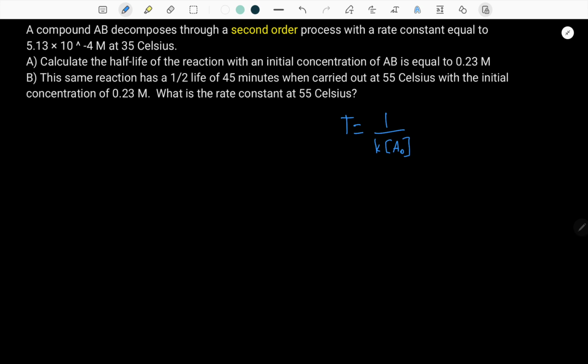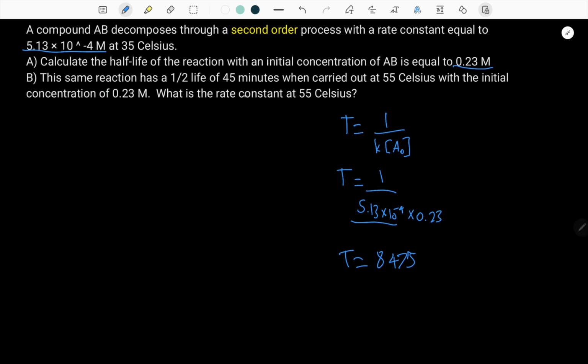Now if we plug in the values, we will get that t is equal to 1 over the rate constant as given in the question here, and then the concentration, which is 0.23, and now if we just solve this, we'll get t is equal to 8,475.